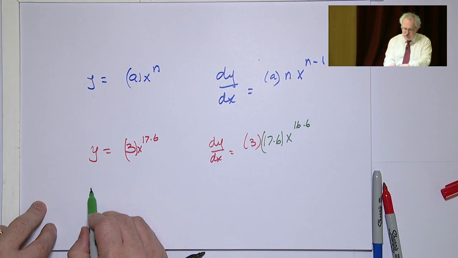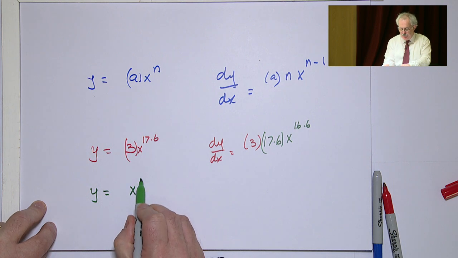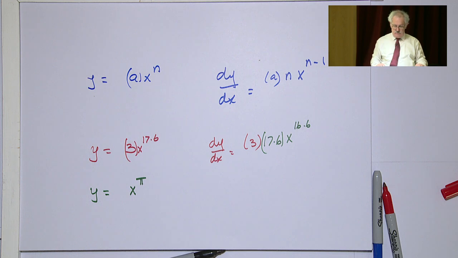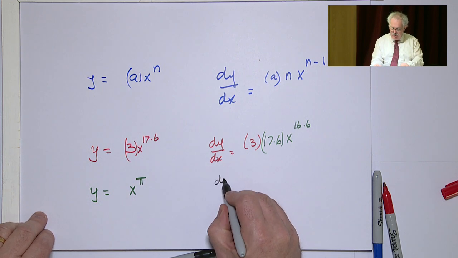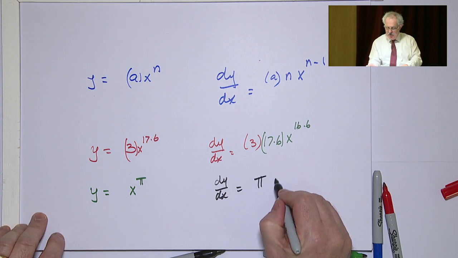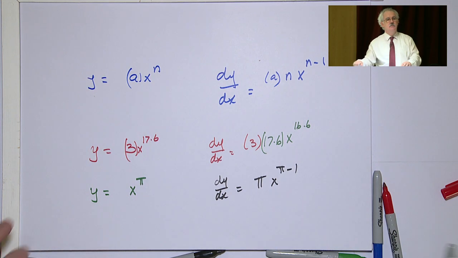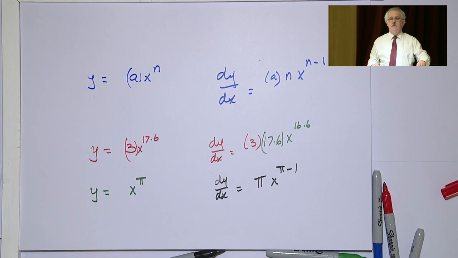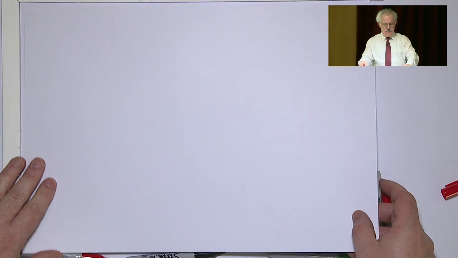Let's imagine that this was y is equal to x to the pi. What would the answer be? dy/dx is pi times x to the pi minus 1. That's the rule. You put it in. Is that okay? Happy with that?